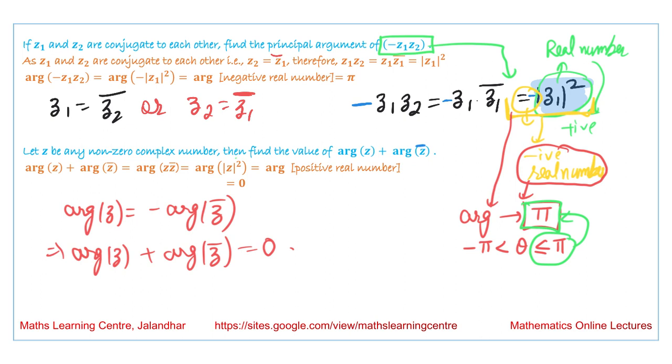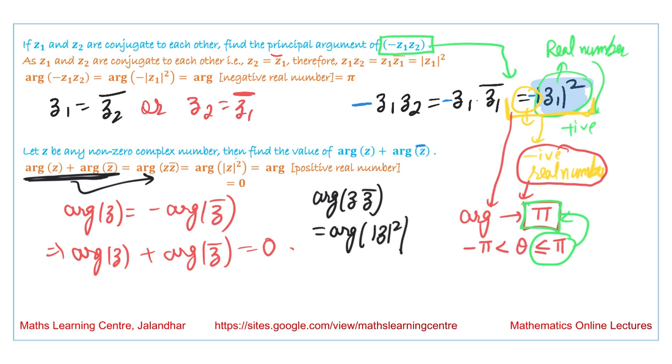Another way to solve this is, we are talking about argument of z plus argument of z conjugate. That is basically argument of z into z conjugate, as we are adding these two values, which is equal to the product. So this is equal to argument of mod of z square.